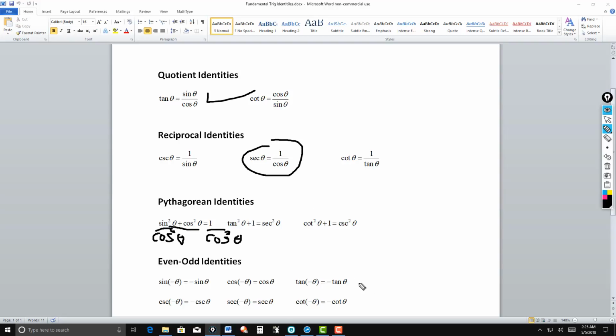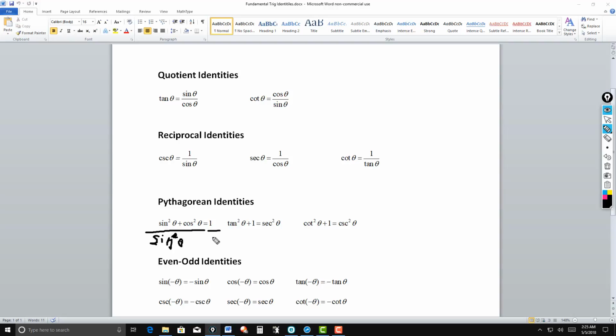Now, if I wanted to prove that the third identity is true, then I would just take this right here and divide both sides by sine squared theta.